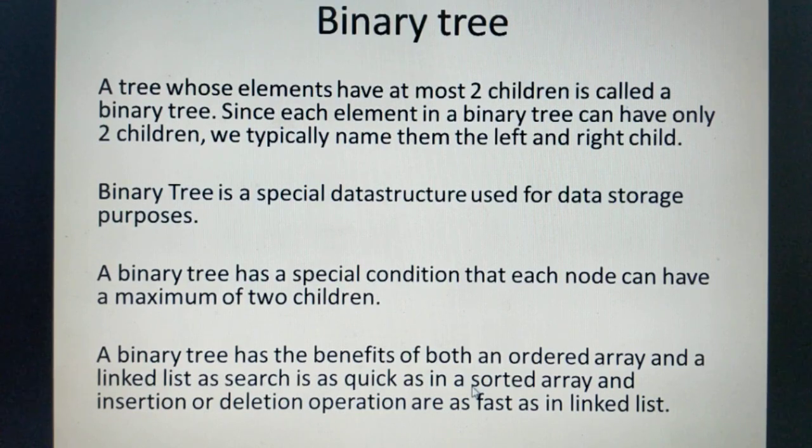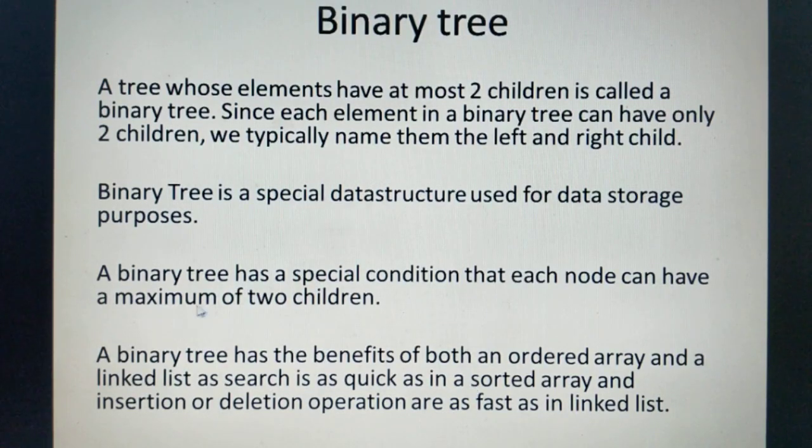Features of arrays as well as linked lists can be seen in a binary tree as well. For example, there is the insertion operation, deletion operation, and search. So this is nothing but the definition of the binary tree.